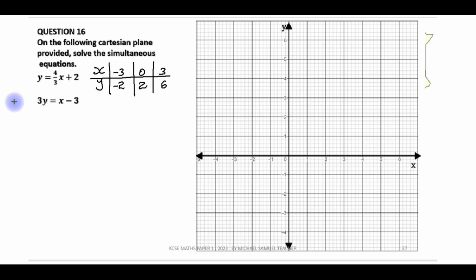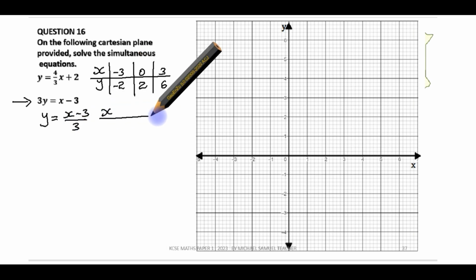For the other equation, 3y is equal to x minus 3. This is the same as y is equal to (x minus 3) all over 3. So we also get the corresponding values of x and y. Make a table. Get points near the origin. Since this is over 3, we get values of x which will be divisible by 3. So one of them is 0.